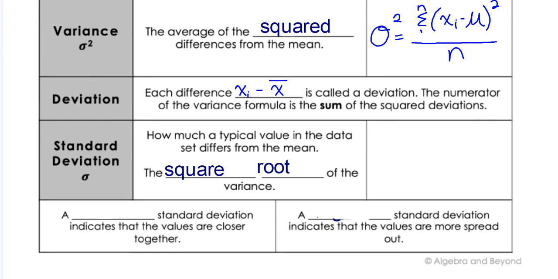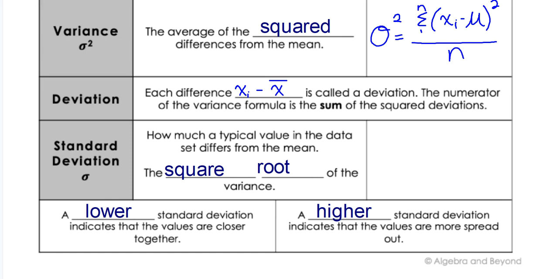Within those standard deviations, if we have a lower standard deviation, that means the values are really grouped close together. They're not very far away from the mean. And if we have a higher standard deviation, that indicates the values are more spread out from the mean. They're further away on average from the mean.